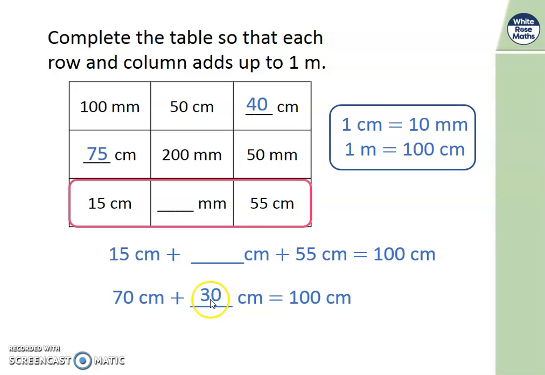Well done. But that's 30 centimetres. I want my answer in millimetres. And 1 centimetre is the same as 10 millimetres. So I need to multiply this answer by 10, which is 300 millimetres. Well done. Did you check that each column will add up to 1 metre as well? Pause the video and check.